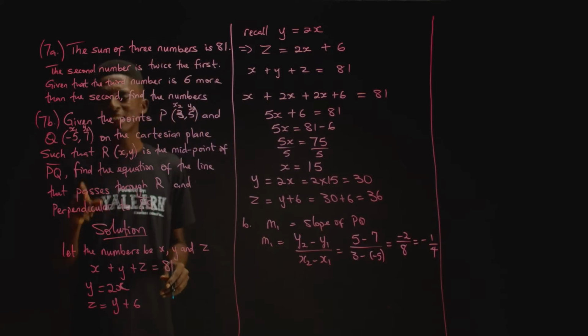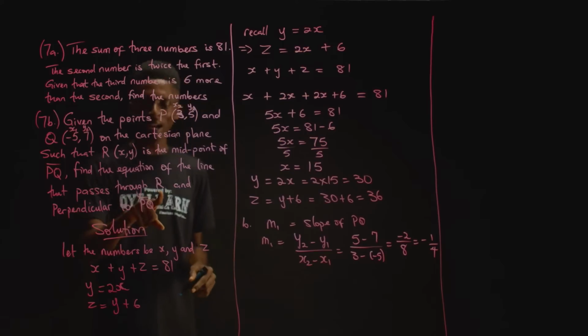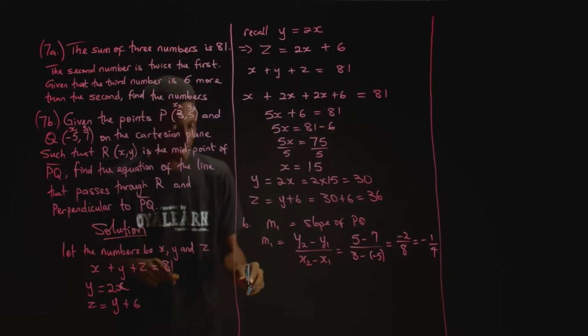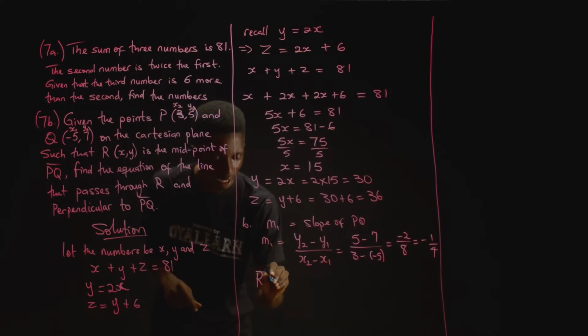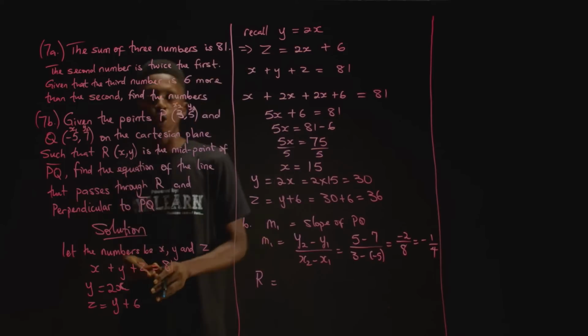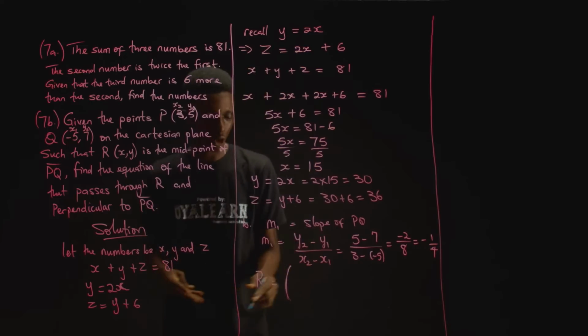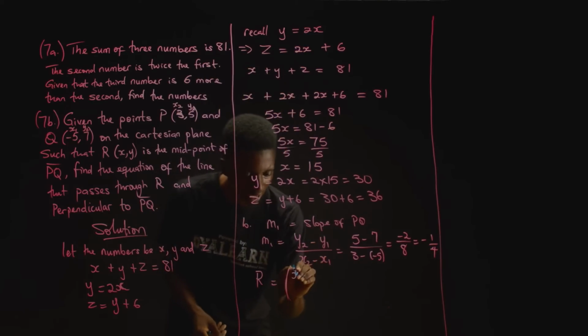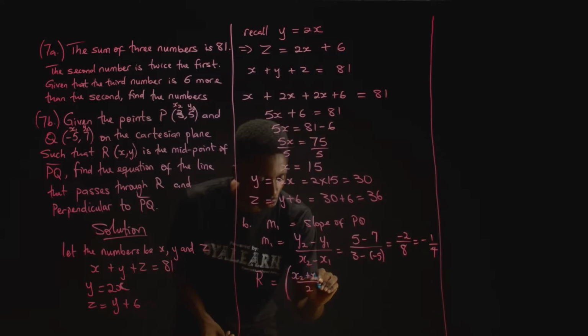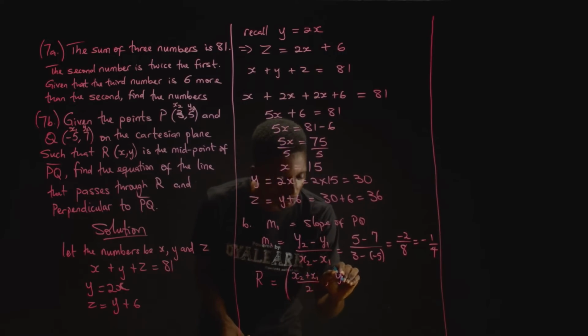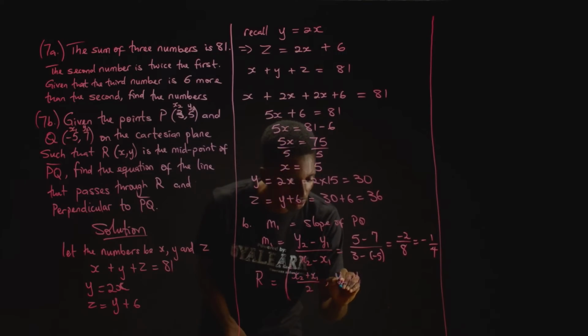So in order to find the next one, we have to find the position for R, right? R is going to be the midpoint of line PQ, right? So we're going to be having the average of x, comma, the average of y, that is x2 plus x1 over 2, comma, y2 plus y1 over 2.